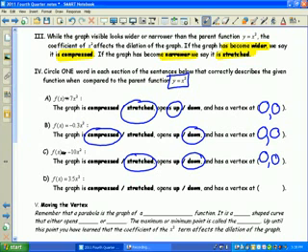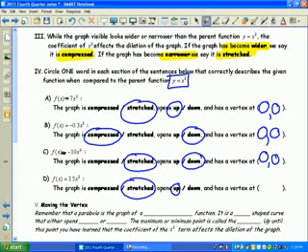So you're probably saying, so that means my vertex is always going to be 0, 0? Not always. In this case, yes, but I'm trying to break this stuff down to you step by step. So for D, 3.5 is greater than 1, so that means it's stretched.